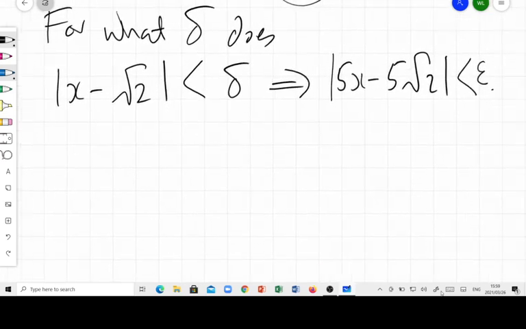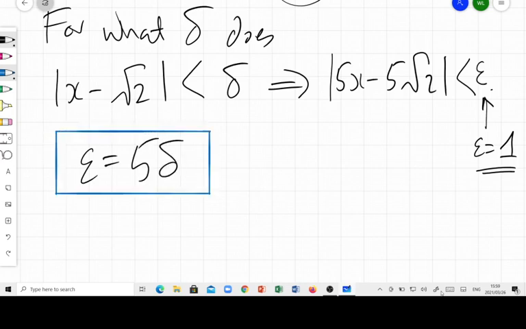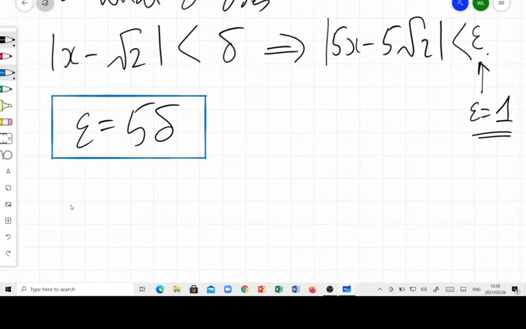In that example, we saw that our epsilon was equal to 1. Remember that we know epsilon is equal to 5 delta. So we think of our epsilon, like 1 or whatever, as the challenge.